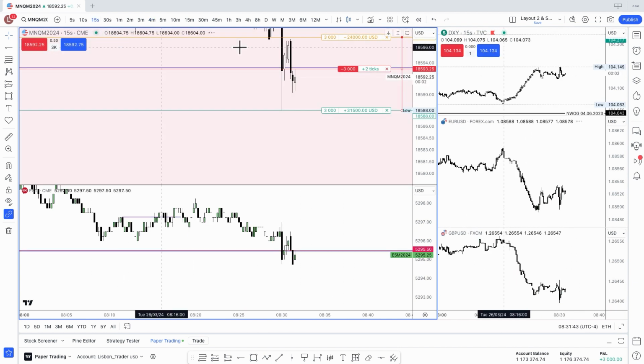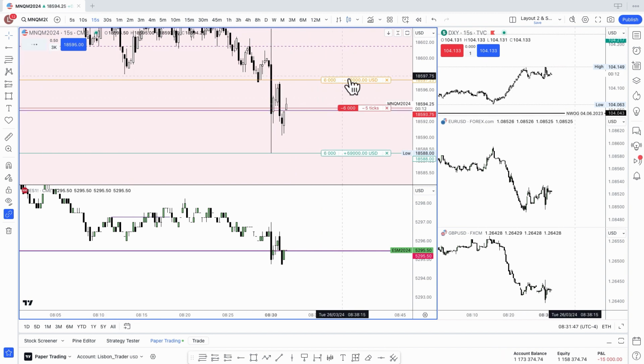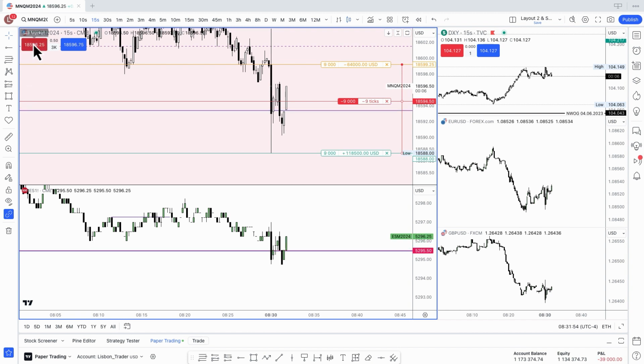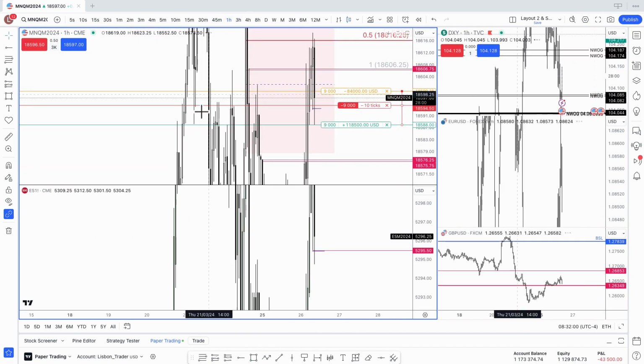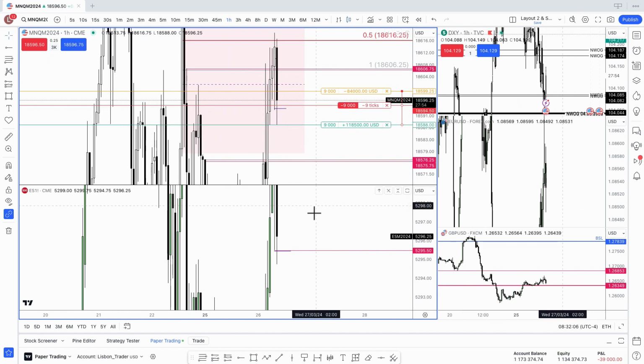77, selling. Came lower, they took the stops. There's still sell side here.